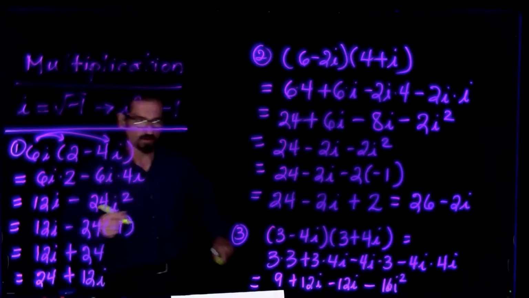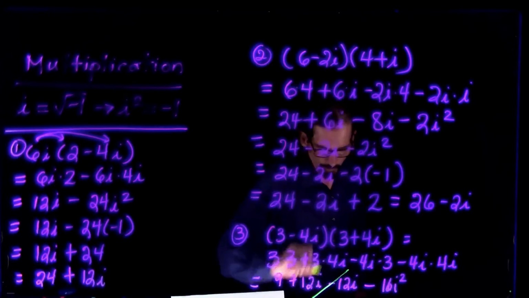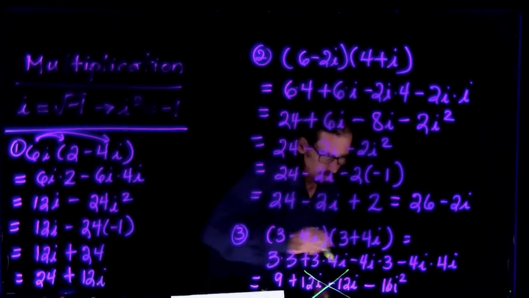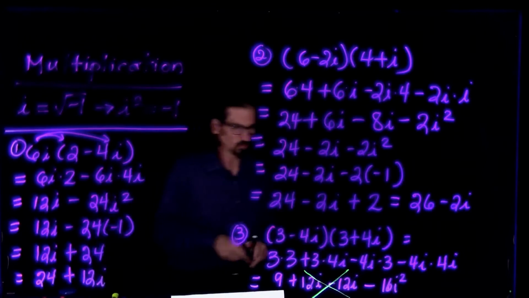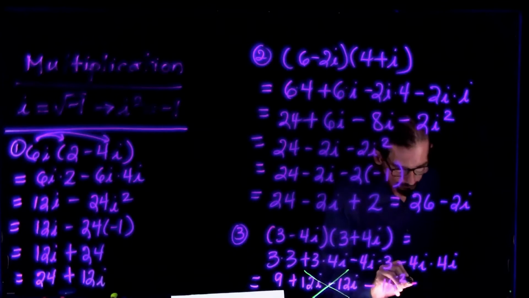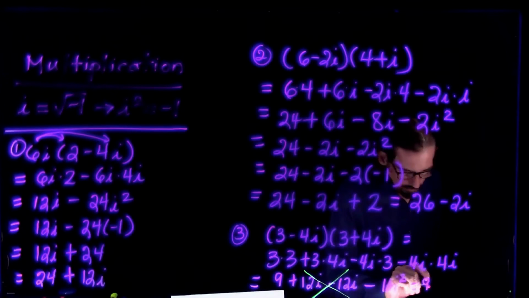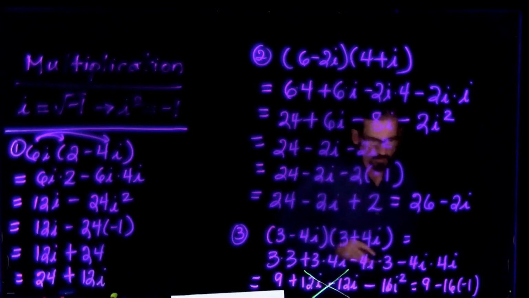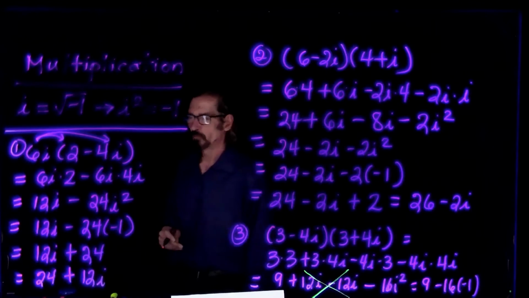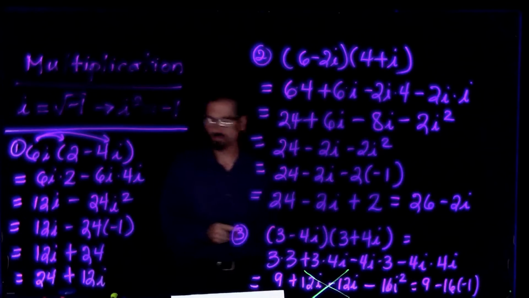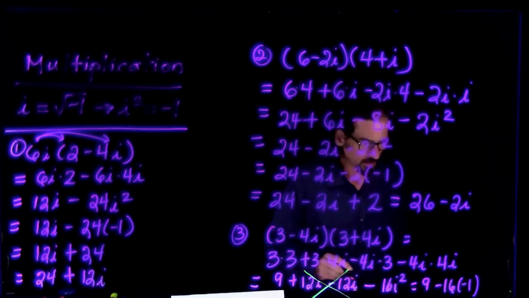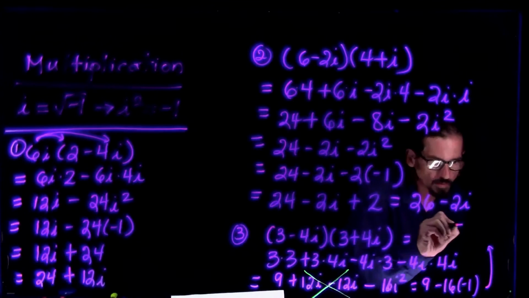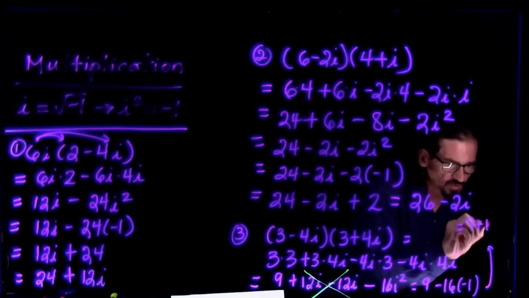Our 12i minus 12i is going to cancel out. And the i squared can be replaced with a -1. A -16 times a -1 is going to give us positive 16. So 9 plus 16 is 25.